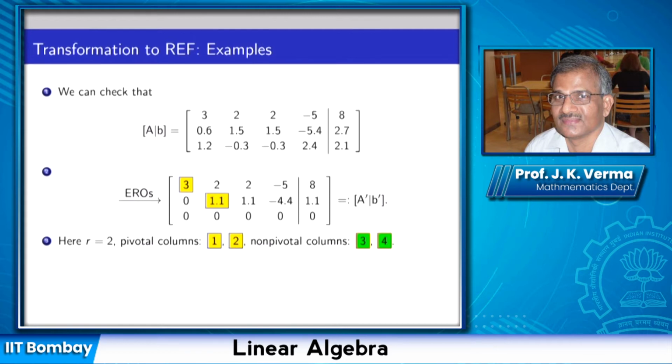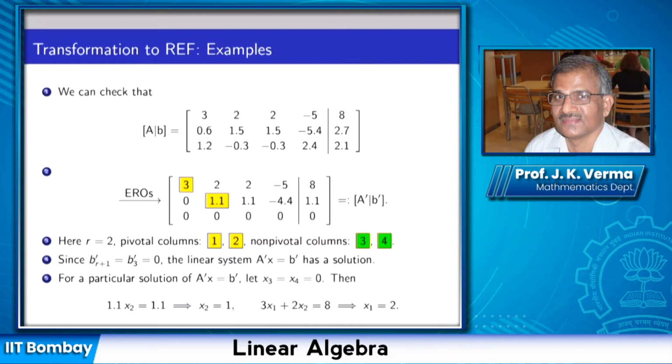So there are 2 pivots, so r is 2. Columns 1 and 2 are the pivotal columns, and the non-pivotal columns are the 3rd and 4th. The non-pivotal columns correspond to free variables, therefore there will be two fundamental solutions of the homogeneous equation. This linear system has a solution, and to find a particular solution, we simply put the free variables x3 and x4 equal to 0 in A prime x equal to b prime.